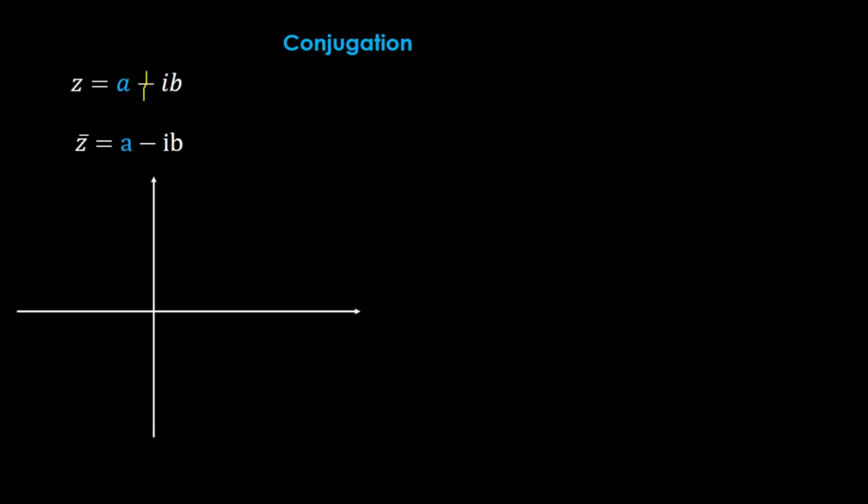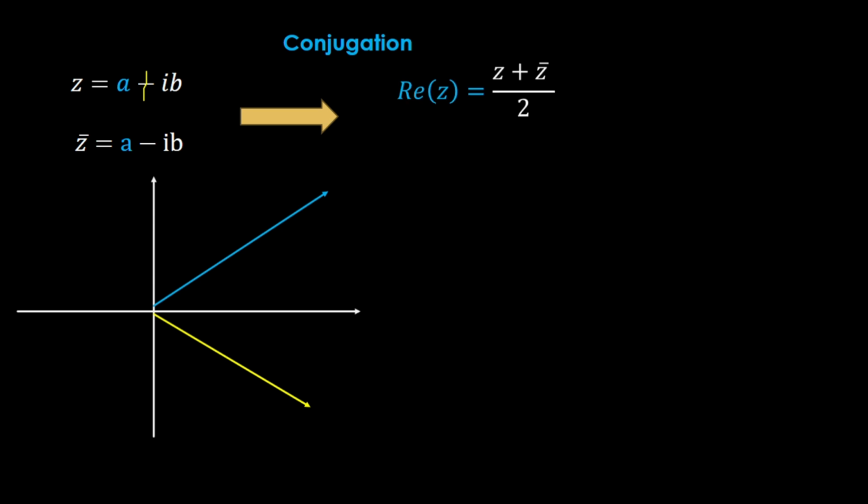Okay, moving then to the conjugation. z is equal to a plus ib, and z bar is equal to what? a minus ib. Plotting it here, the positive and the negative image. Just a recap, to further simplify, we take into consideration a basic principle.